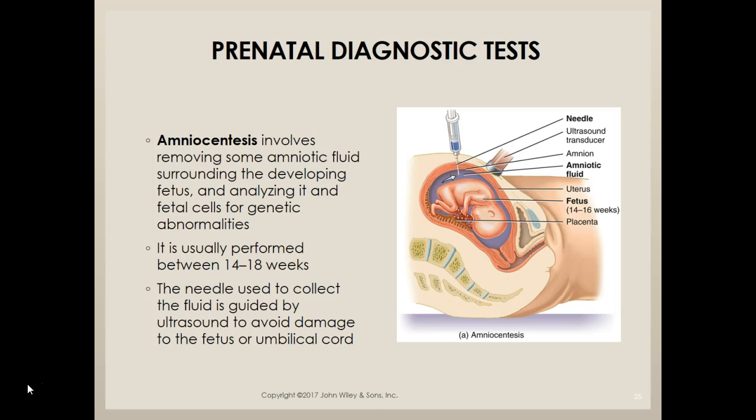So it's used to test for the presence of certain genetic disorders such as Down syndrome or hemophilia, sickle cell disease, and certain muscular dystrophies. It's also used sometimes to determine the viability of the fetus. The test is usually done somewhere between 14 and 18 weeks of gestation, and during that time, most of the chromosomal abnormalities can be detected through amniocentesis.